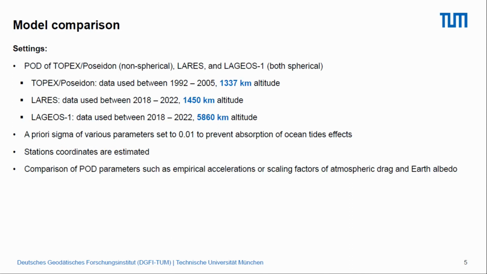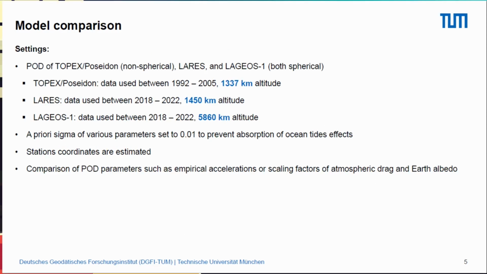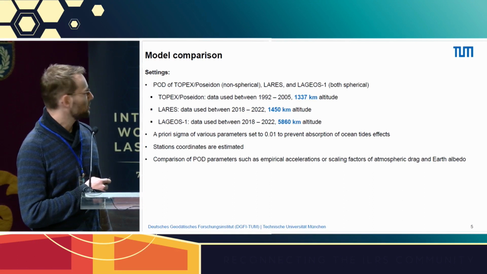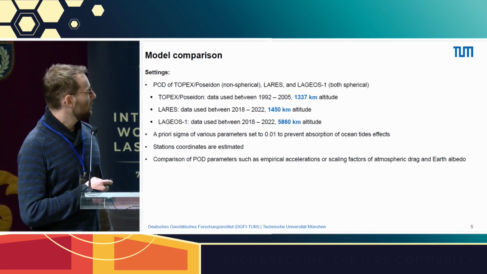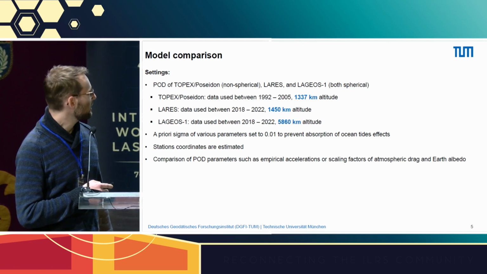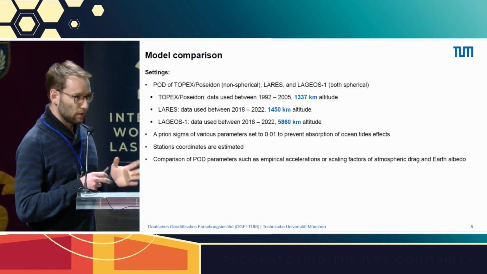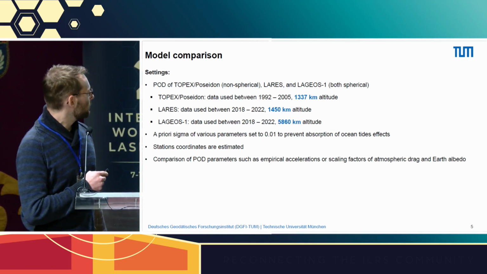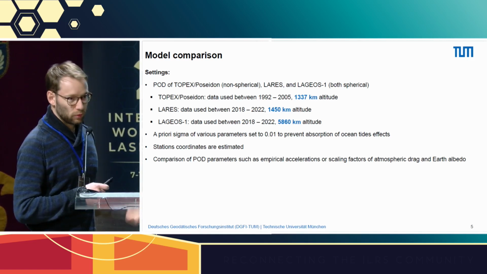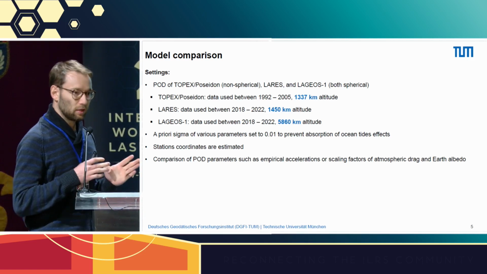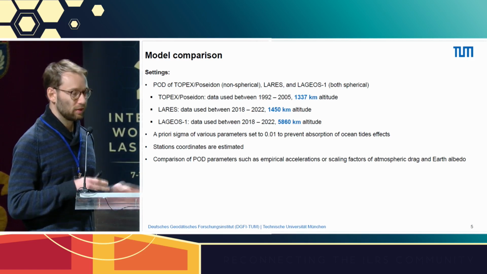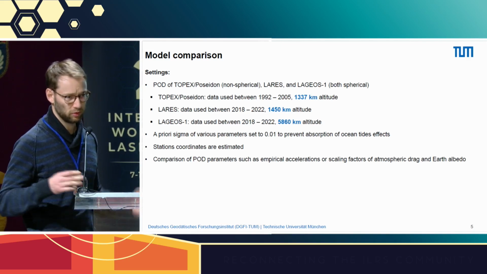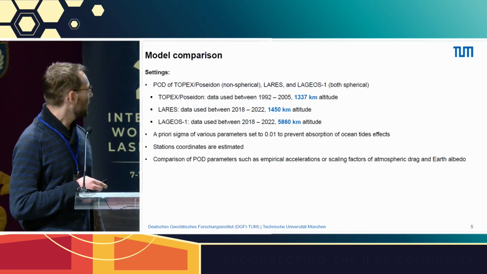Let me talk about the settings of my investigations. I used three satellites: Topex/Poseidon, which is a non-spherical satellite, and LARES and LAGEOS, which are spherical satellites. I used different time spans. Topex/Poseidon flew from 1992 until 2005, and LARES and LAGEOS data is provided in my investigation from 2018 until mid-2022.